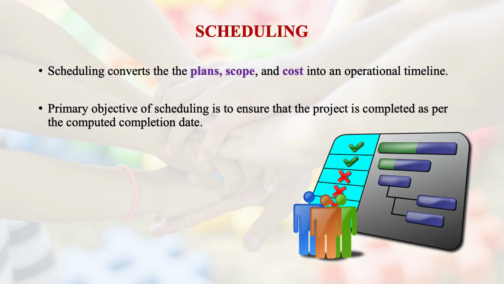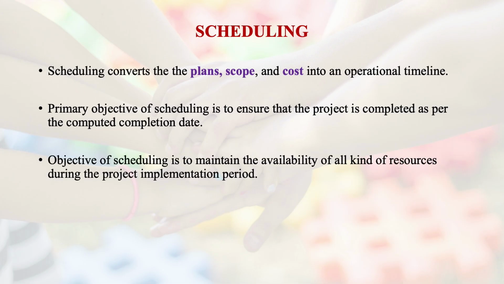The primary objective of scheduling is to ensure that the project is completed as per the computed completion date and time, and that is what is the essence why we schedule. In addition, there are several other objectives of scheduling, and one of them is to maintain the availability of all kinds of resources during the project implementation period.